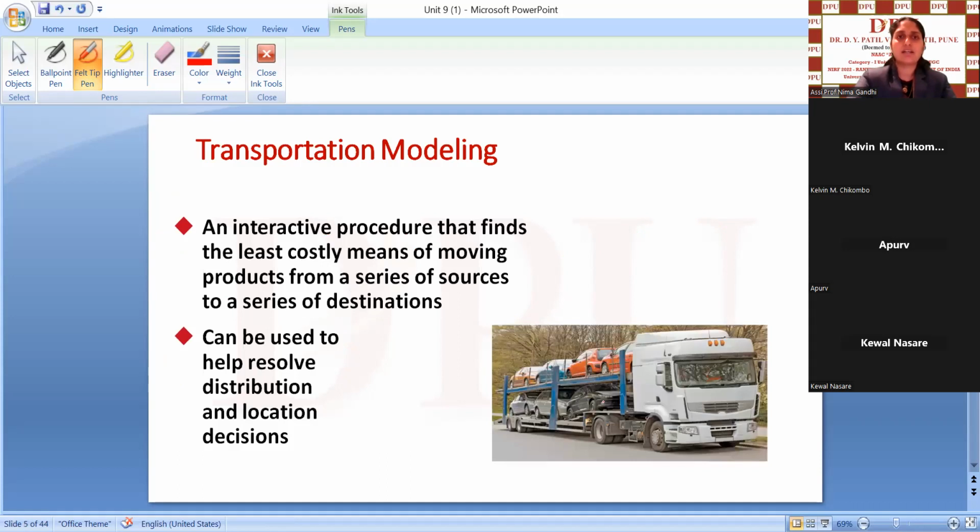It is an iterative procedure that finds the least costly means of moving products from a series of sources to a series of destinations. So you have a number of sources and a number of destinations, and you are doing the transportation from sources to destinations.